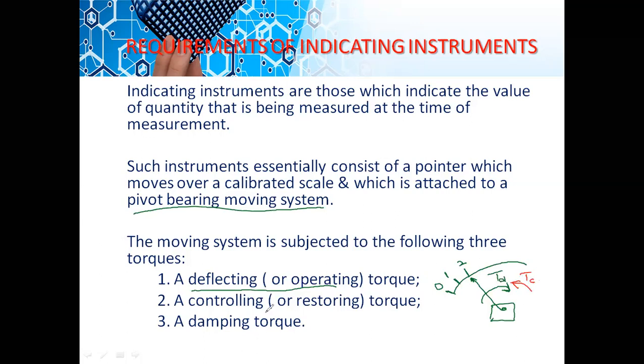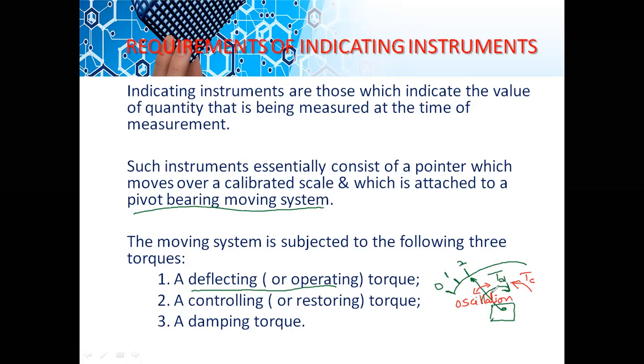Because we have two torques acting upon the moving system and thus the pointer, we will have a to and fro motion, which we call oscillations.